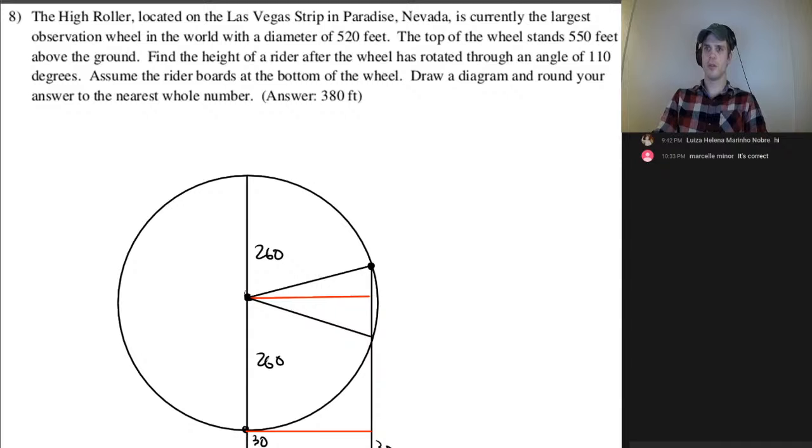Okay, so this line segment here is 260. So we only need to find this little one here. If this is 110 degrees and this is 90, then 110 minus 90 makes this 20.